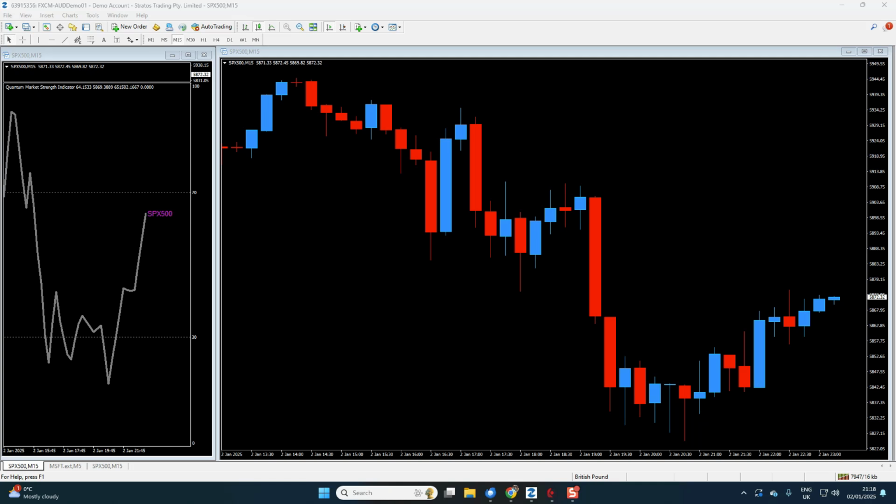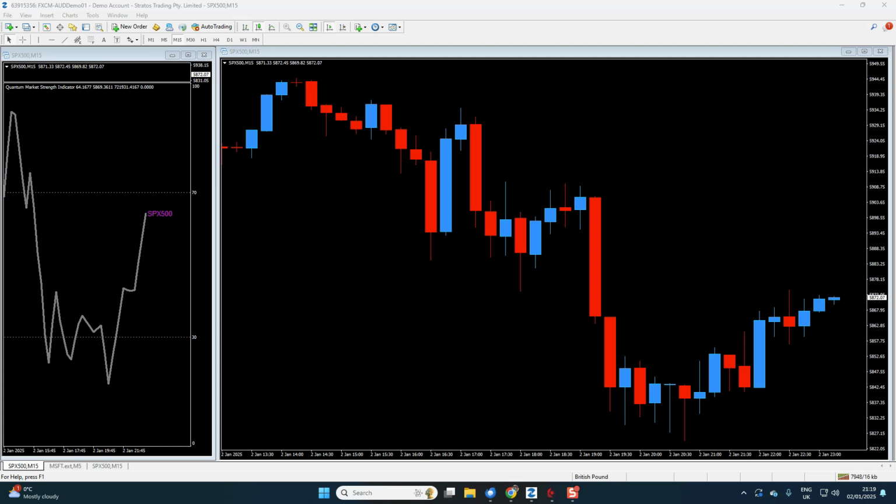What this also shows is, in the same way that it does with the Currency Strength Indicator, the strength of the trend. Because the steeper the line that is developing, the stronger is that trend in that time frame.